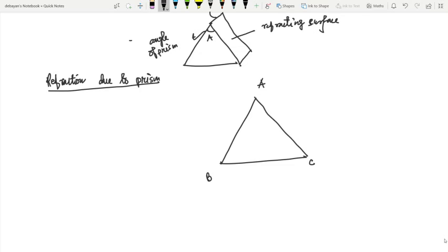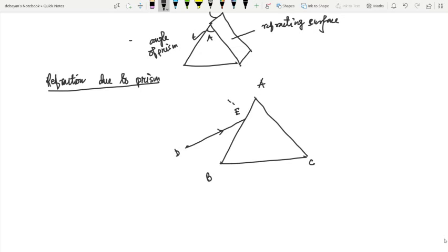This is the principal section of a prism of refracting angle A. Say a ray of light DE is incident on the refracting surface AB of the prism at an angle i.